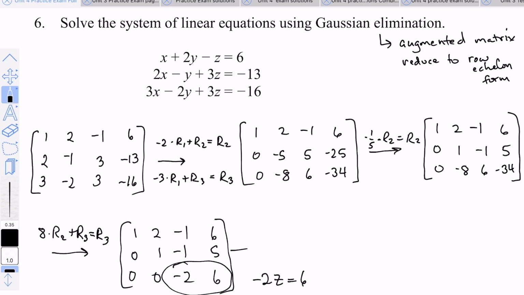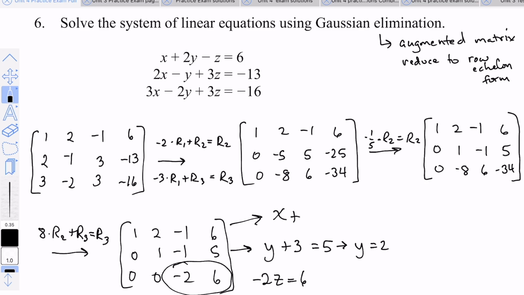Now we take a step up to this row, which represents the equation 1y minus 1z. But since we know that z is -3, minus -3 is +3, and that equals 5. Subtract 3, and we get y equals 2. Now we take a step up to that equation, which represents x plus 2y minus z.